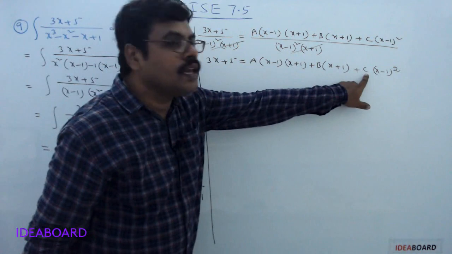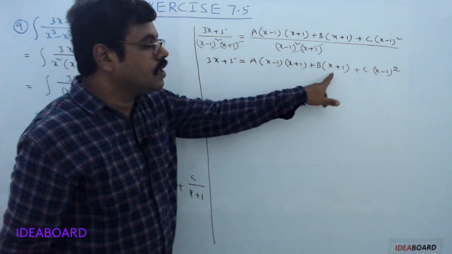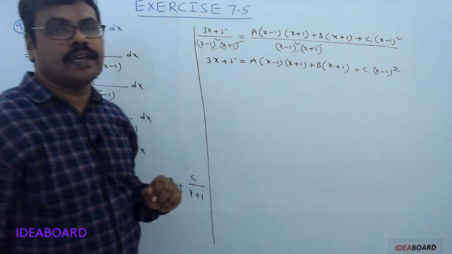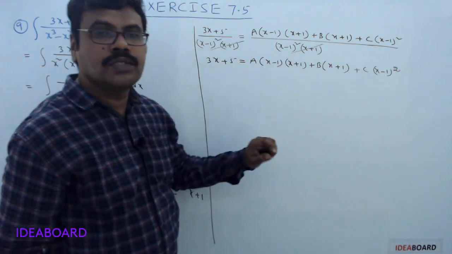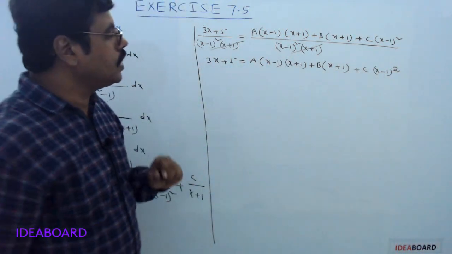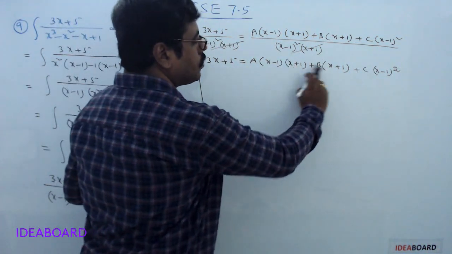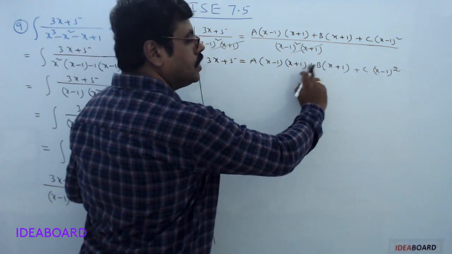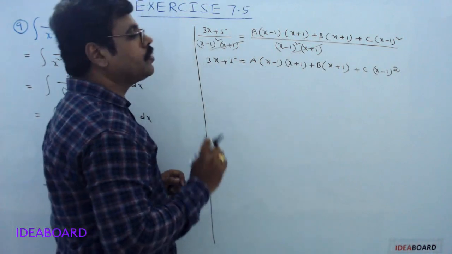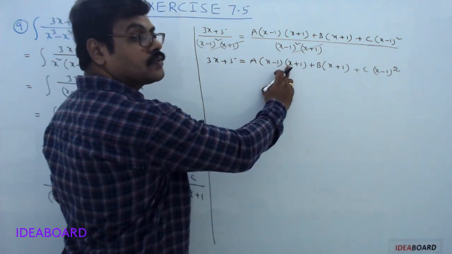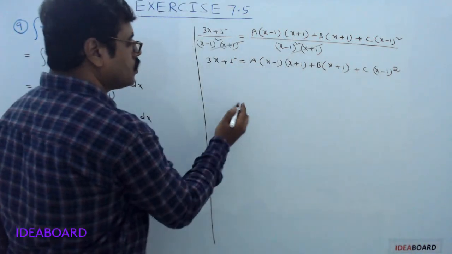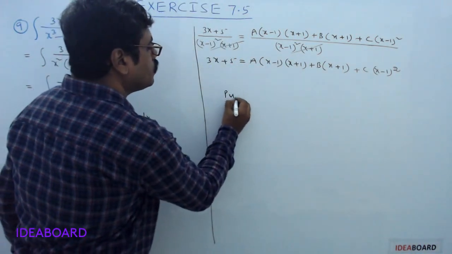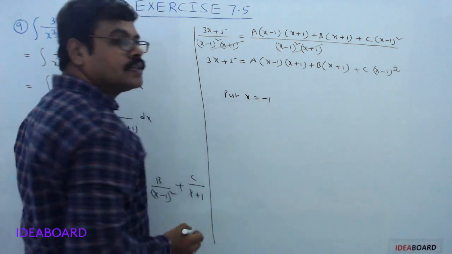To find the value of c, make the first and second terms 0 simultaneously. Here x plus 1 is the common factor for the first and second terms. So by substituting x equal to minus 1, this term will be 0, this term will be 0. So write down x equal to minus 1.